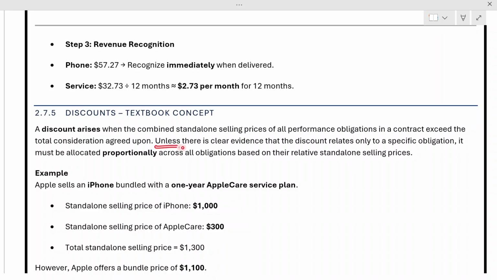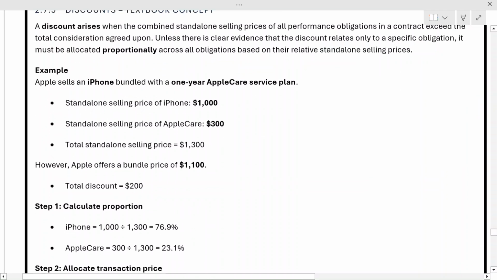Then it says, unless there is clear evidence that the discounts relate only to specific performance obligations. Here there was nowhere mentioned that the discount belongs to the phone or the services. There is no clear specification. It must be allocated proportionately to all the obligations based upon the standalone selling prices, whatever we have done there.